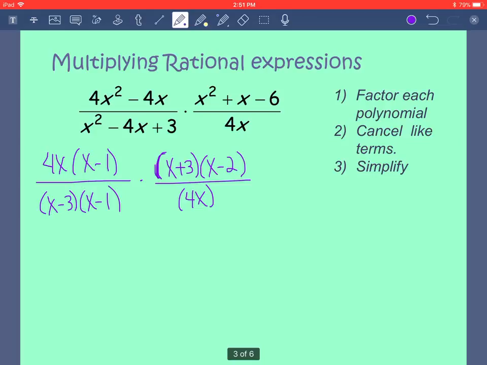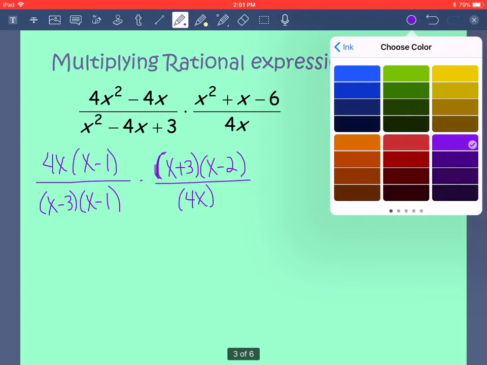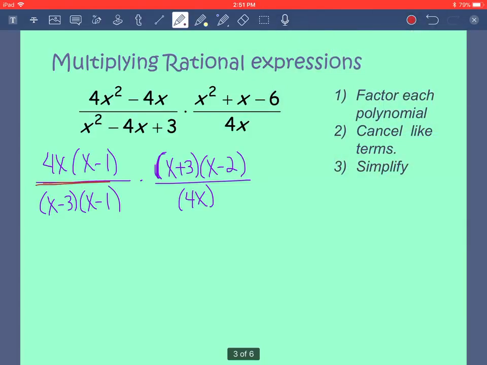Because this is multiplication, I can go ahead and just extend this division line all the way across, because everything in the numerator is going to get multiplied and everything in the denominator is going to get multiplied. So now I'm just going to look, is there anything identical in the top and the bottom that I can get rid of? Well, I see that I have an x minus 1 in the top and the bottom.